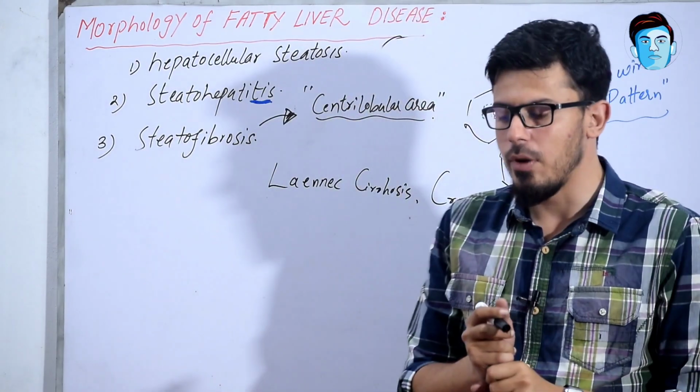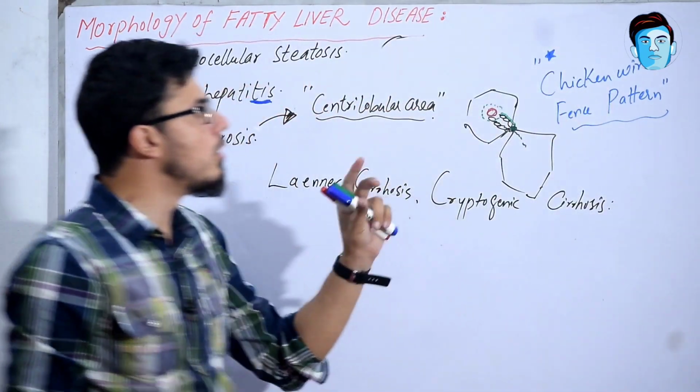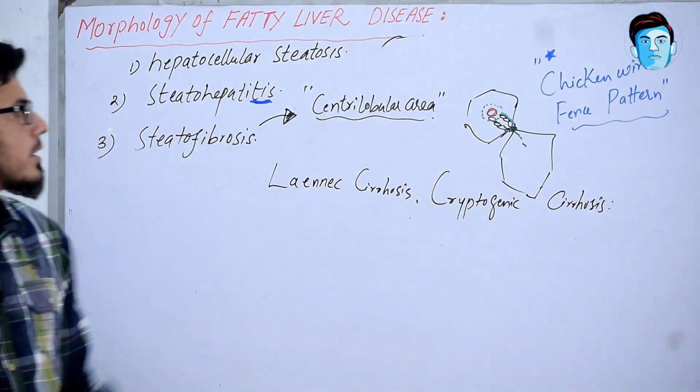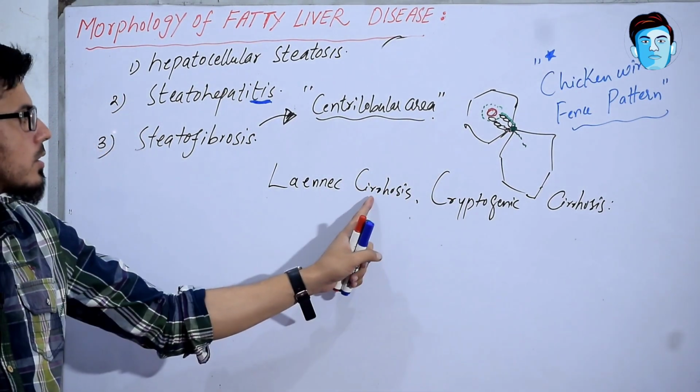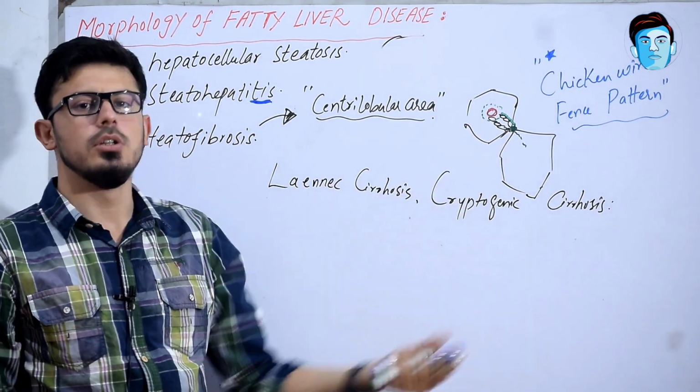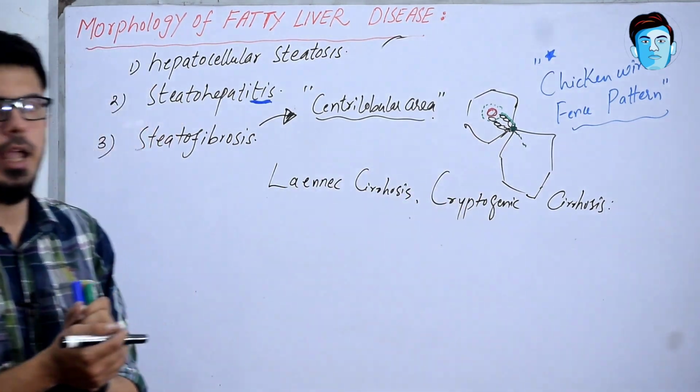As you are very familiar, whenever a nodular pattern appears in the liver, we can say that's the phase of cirrhosis. So in Laennec cirrhosis, tough scar tissue forms in the hepatic lobule due to repeated episodes of scarring and fibrosis.